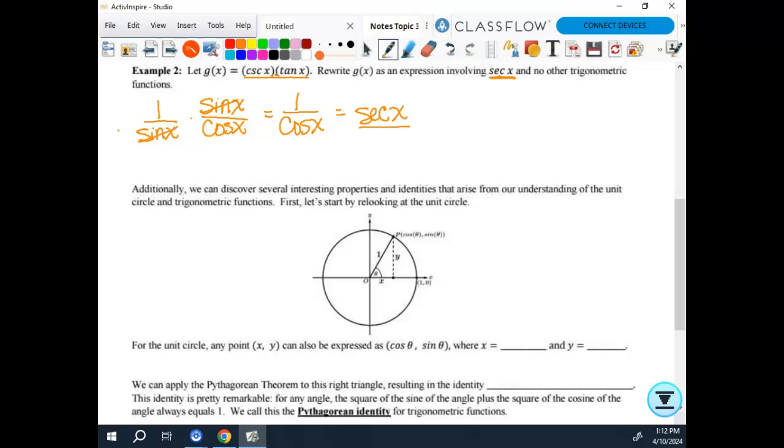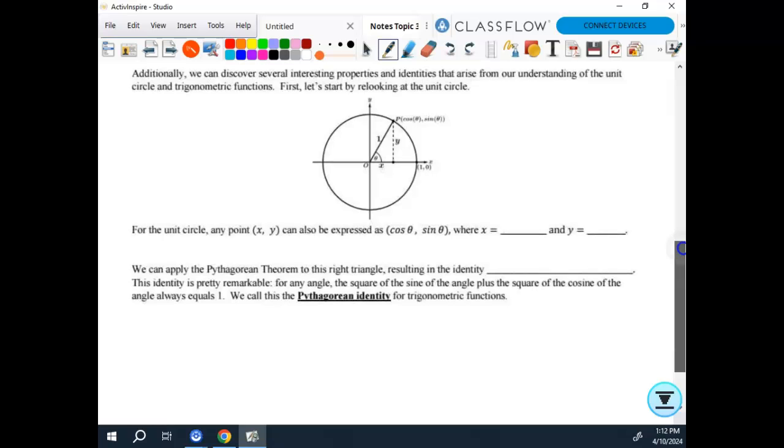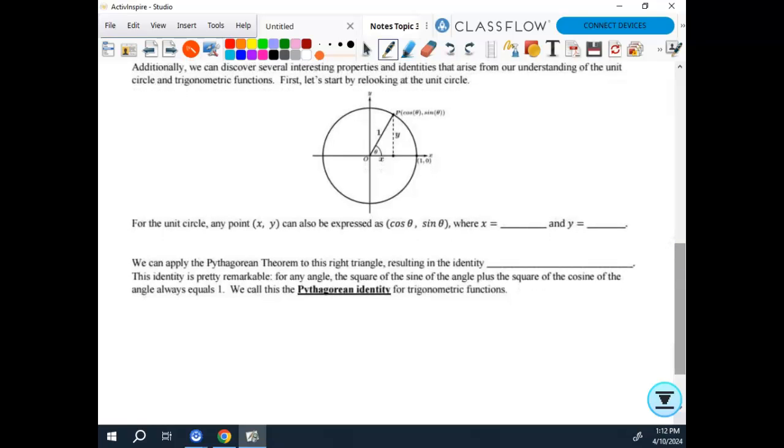But again, you have to practice and you can't just ignore it. So yes, you have to know those up there. You already know them. And then we're going to come up with one here that you absolutely have to know, but I'm also going to show you where it comes from. Once we know that one, it's going to lead us to some others, so you can discover them if you need to over and over again. So we are going to discover several interesting properties and identities, and we're using our unit circle.